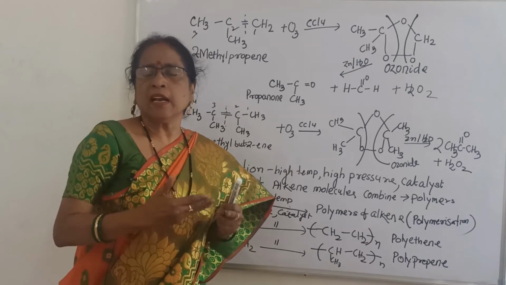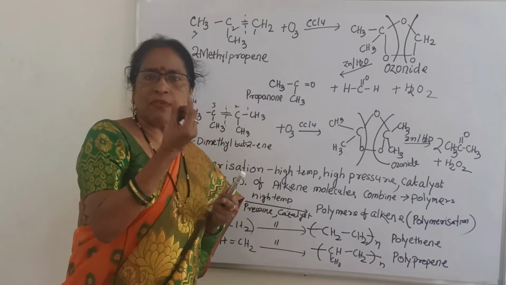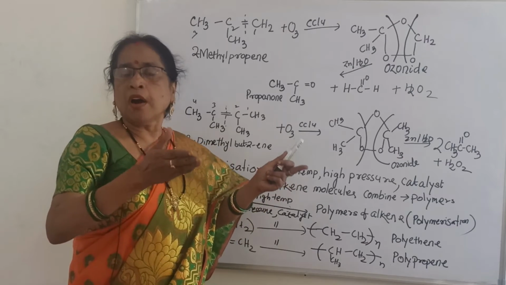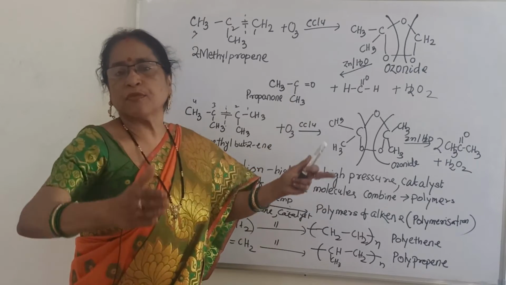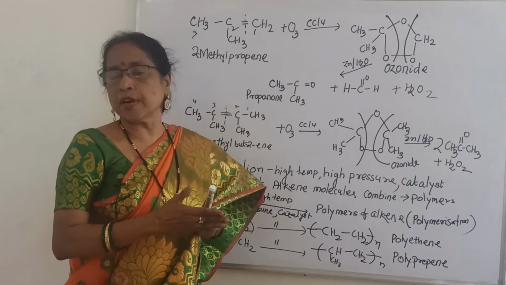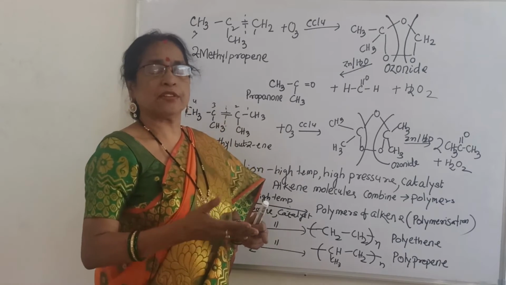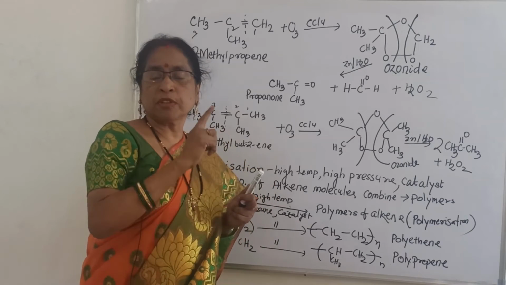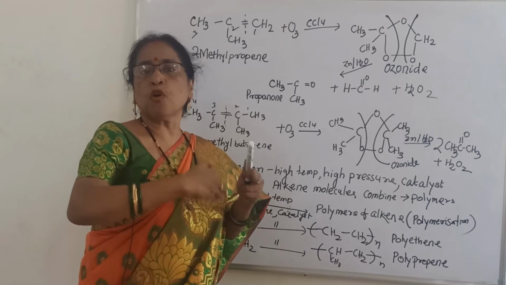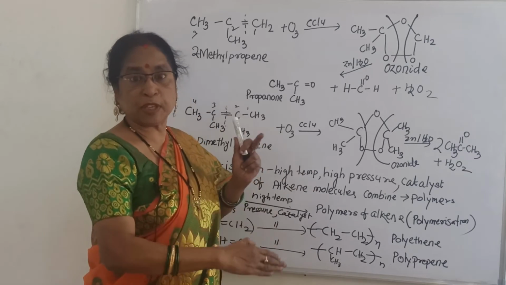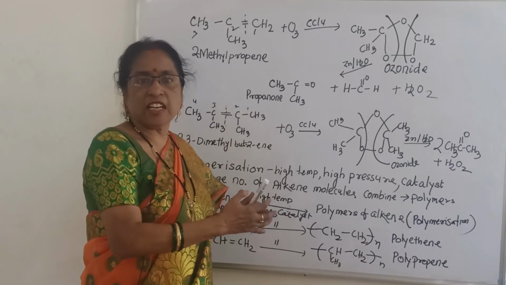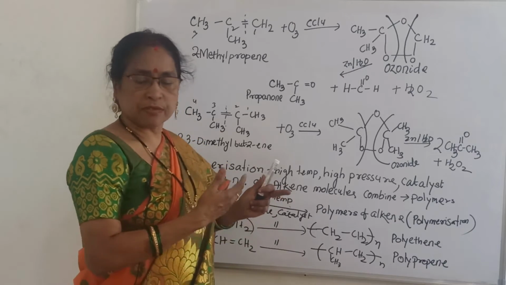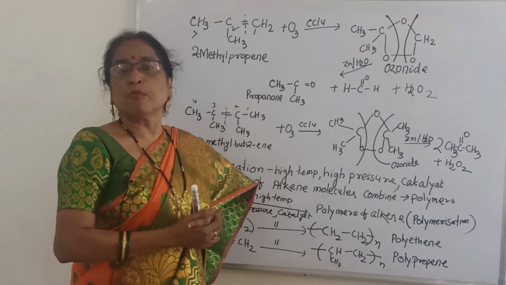Just like you think of a flower garland. One flower, say a rose, okay. When 100 to 200 flowers are joined and formed into a big garland having 200 flowers, that is like polymerization. One single flower is called a monomer. When many monomers are joined with the help of high pressure, high temperature and some catalyst, it forms polymers of alkene, and the process is called polymerization.